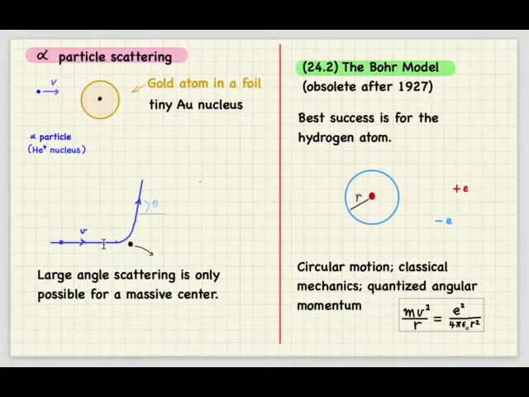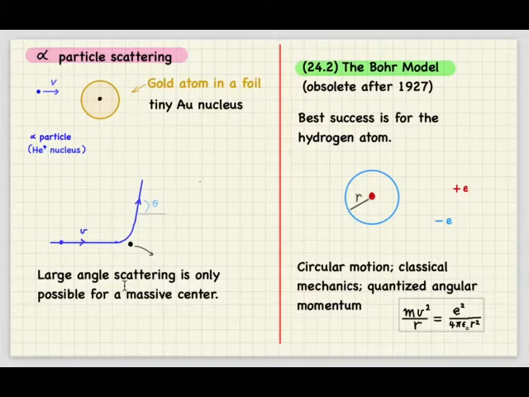And he could compare the count rate for backward scattered or sideways scattered at an angle theta, that rate compared to the angle. And he found perfect agreement.